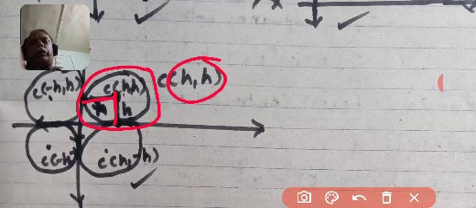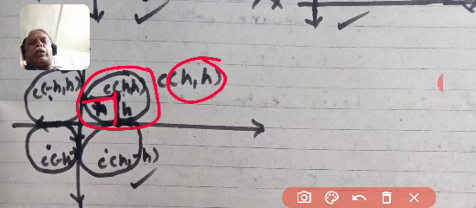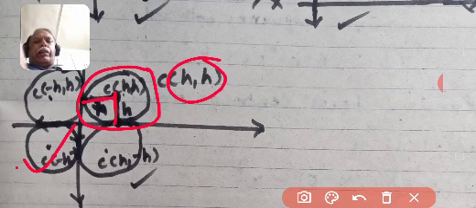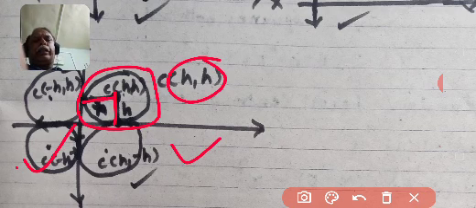It depends upon the position of the center, which is either first quadrant, second quadrant, third quadrant, or fourth quadrant. If the center lies in the first quadrant, then both are positive. If the center lies in the second quadrant, x coordinate is negative, y coordinate is positive. If the center lies in the third quadrant, then both are negative. If the center lies in the fourth quadrant, then x is positive, y is negative.